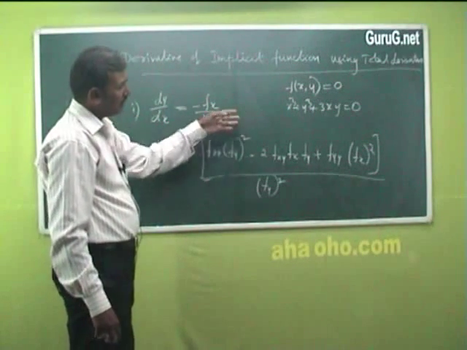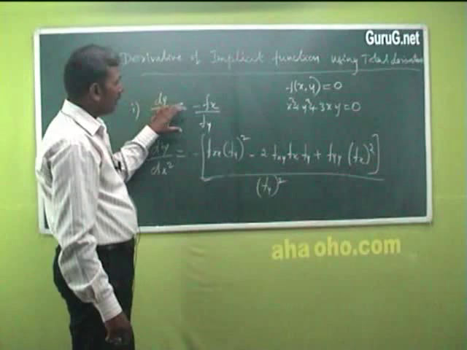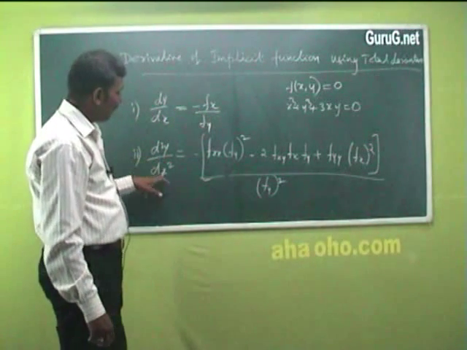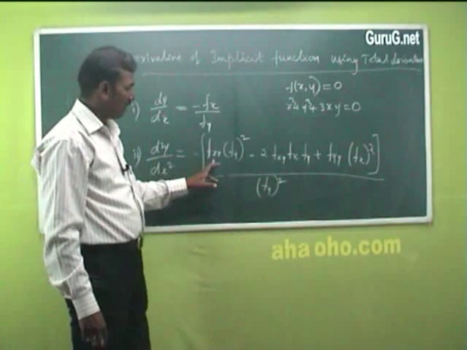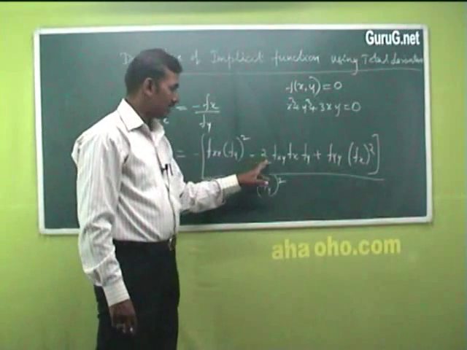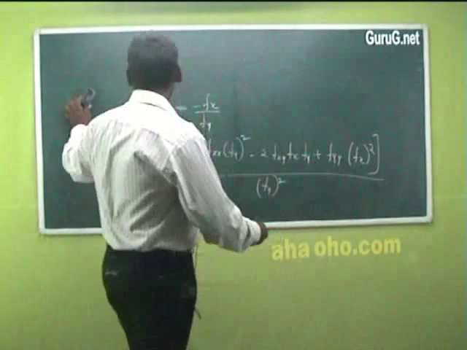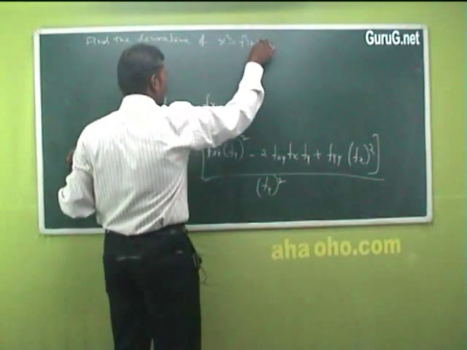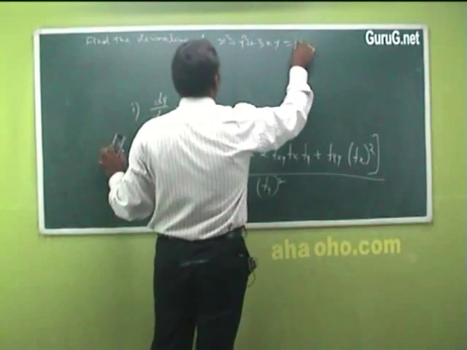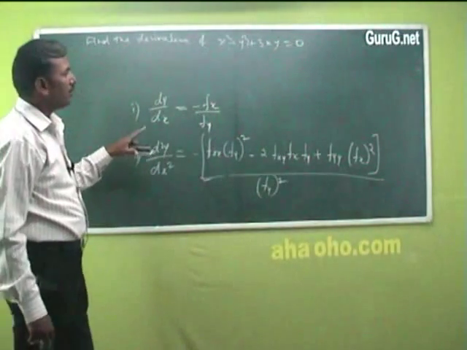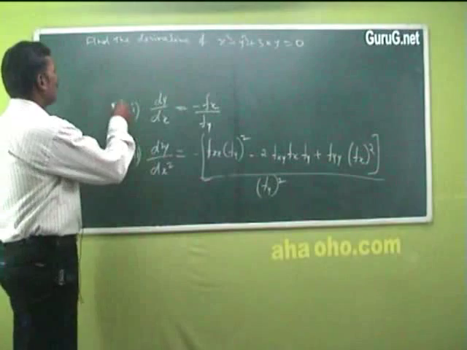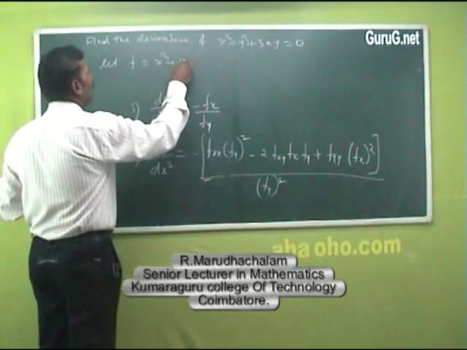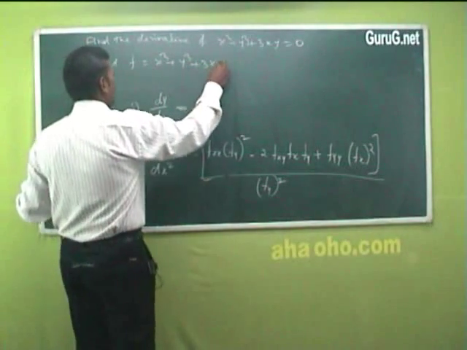If it is the first order derivative, dy by dx, we can apply minus fx by fy. For the second order, d squared y by dx squared equals minus of fxx fy square minus fxy, like that. Find the derivative of x cube plus y cube plus 3xy equal to 0 using partial derivatives. Let f equal x cube plus y cube plus 3xy.